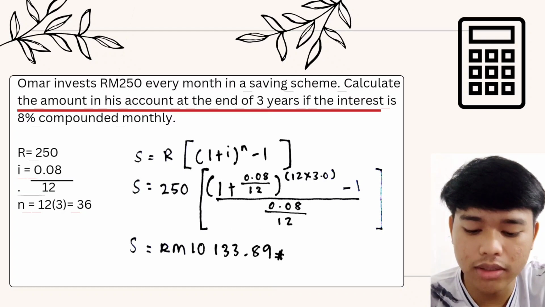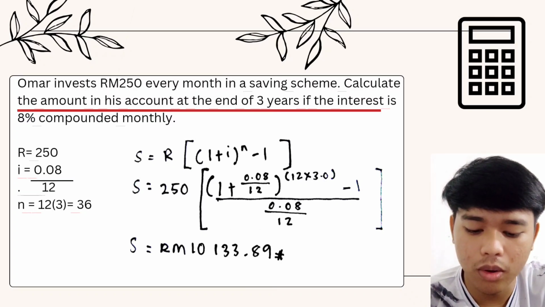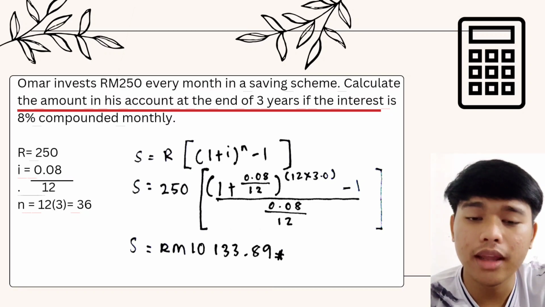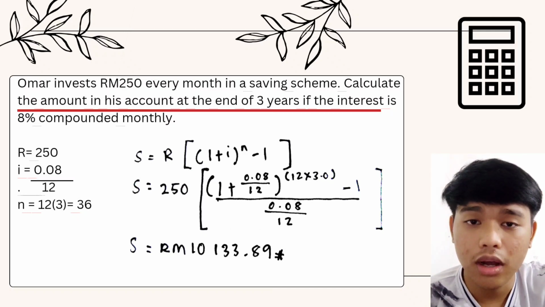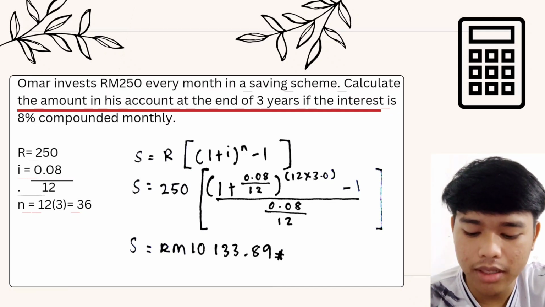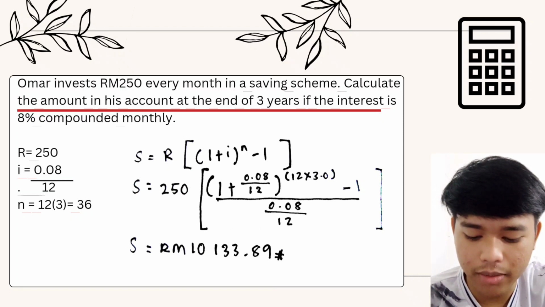R is 250, i is 0.08 over 12 months, and n is 12 months multiplied by 3, because it is in 3 years. To solve it, use the formula S equals R times (1 plus i) to the power of n, minus 1, over i.